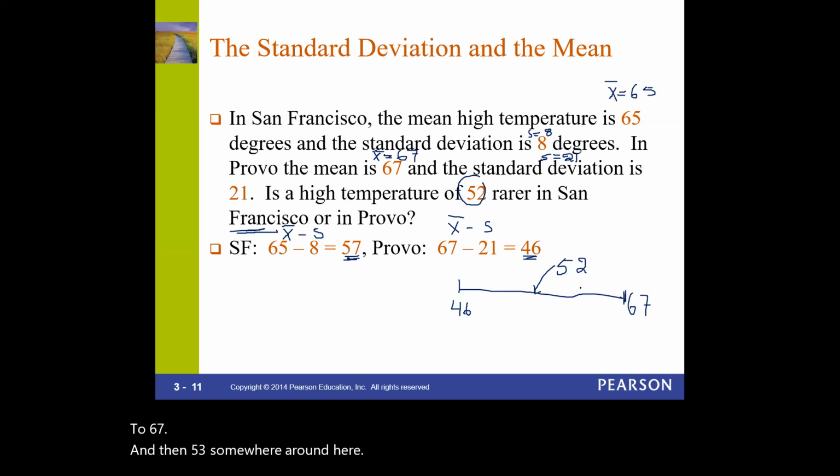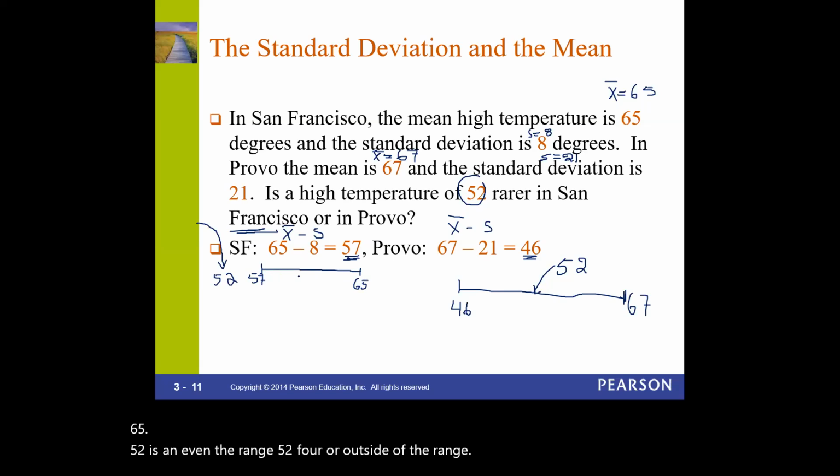But if you look at San Francisco, this is 57 all the way to 65. 52 is not even in the range. 52 falls outside of the range.